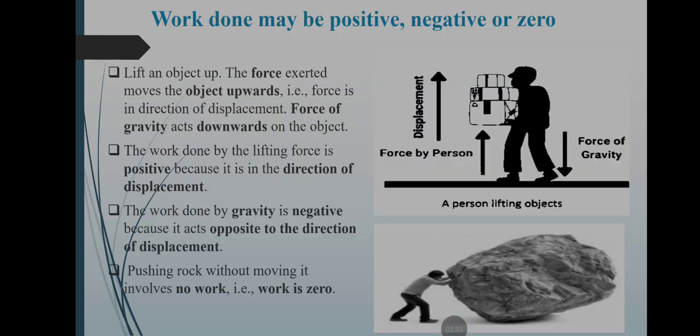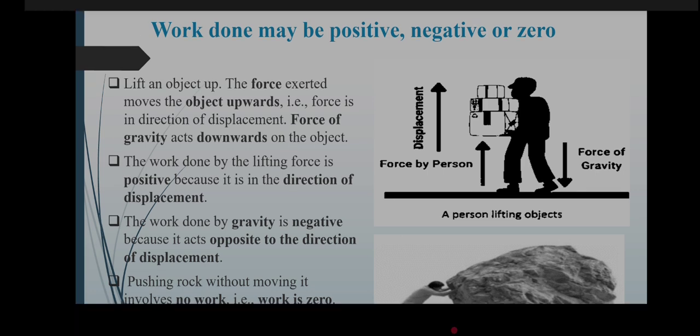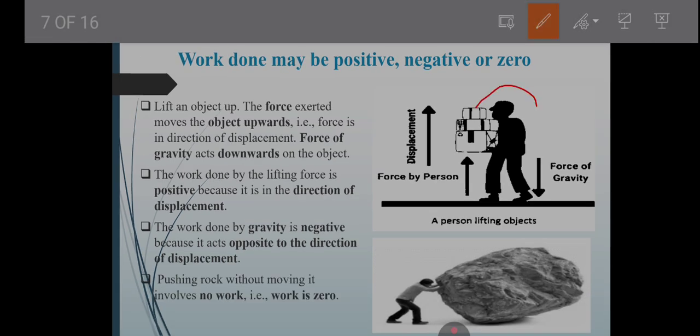The next one: whatever work is done, that work done may be positive, negative, or 0. Now we have to discuss how the work done becomes positive, negative, or 0. You see this diagram here, the person is lifting up the object, and the force exerted moves the object upwards.